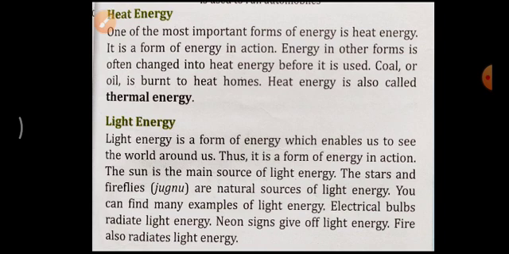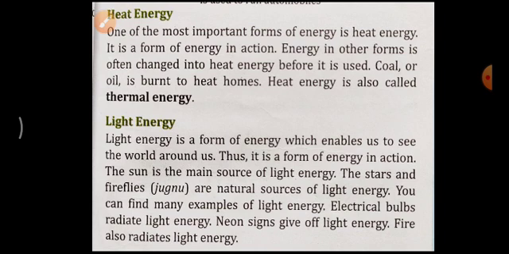So heat is also a form of energy. Heat energy is also called thermal energy. Whenever we get energy to heat some substance or to heat something, at that time we are using heat energy.